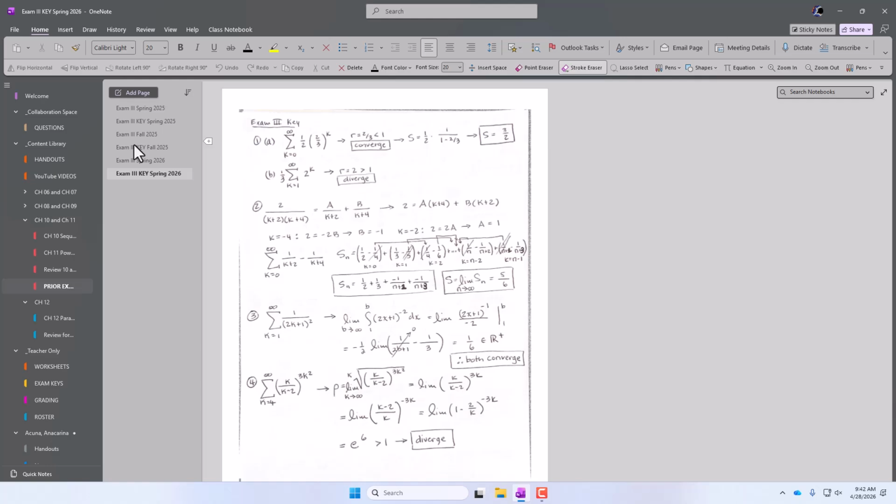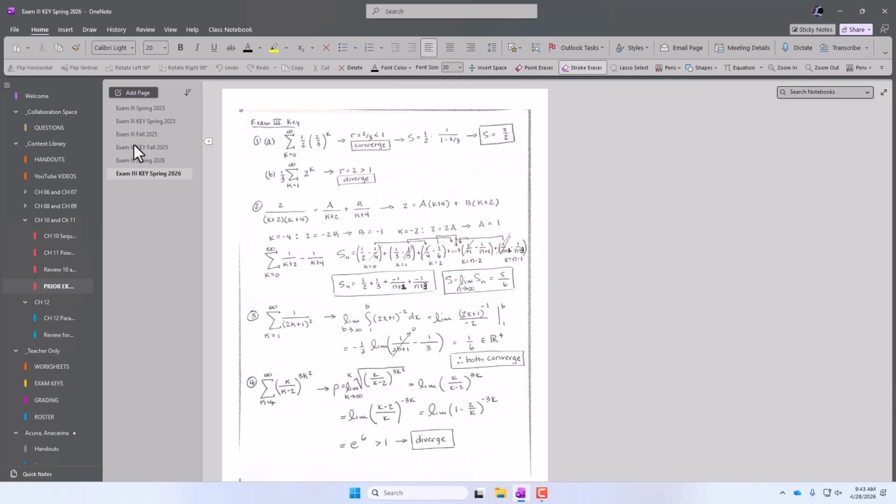But the only way you're going to be able to find the sum of a geometric series is by setting it up in the geometric series format, where you identify R, you identify A, and you use that formula, A divided by 1 minus R. That's the only way you're going to get to the actual sum of that series.